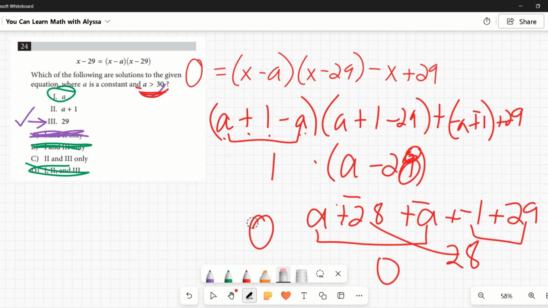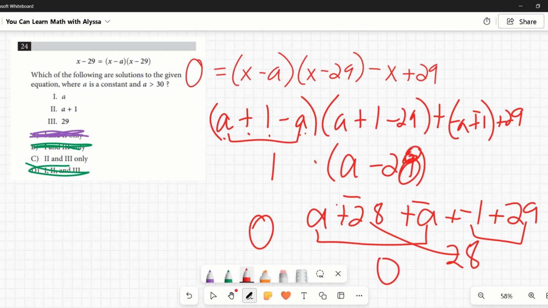There is another way to do this. You might be going like, after you took me through that long roundabout way, now you want me to show you another way? Yeah, I actually want to show you the way that the College Board told you to do. So again, the way I did it is I thought it was easiest to plug in 29 and A. I found that 29 works and A does not.